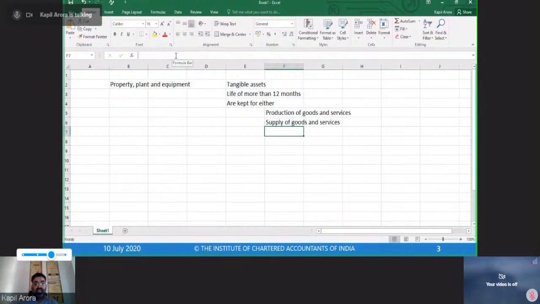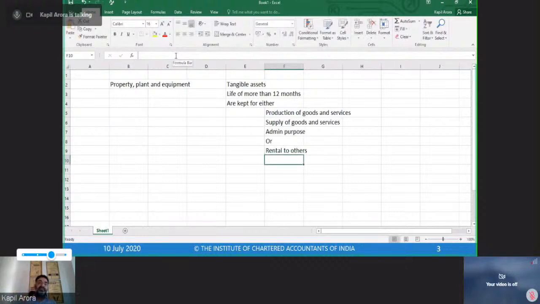for admin purpose, and at last, rental to others.